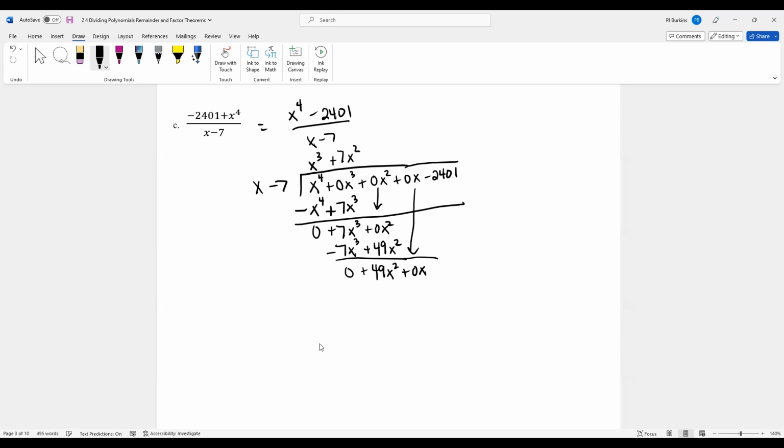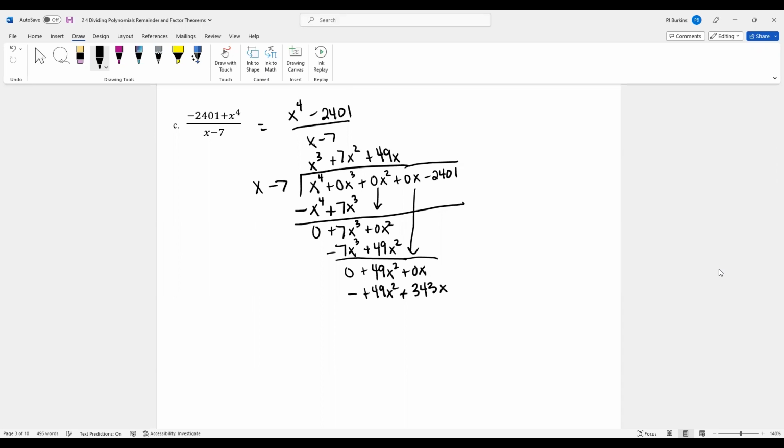Next, we need to make x into 49x squared. To do that, we would multiply by 49x. Then we take that and multiply by everything in our divisor. That's plus 49x squared minus 49x times negative 7, which is negative 343x.